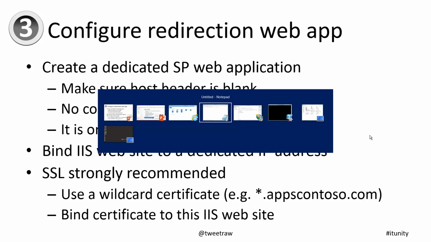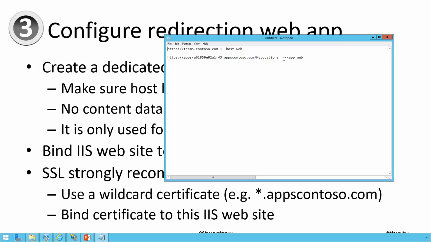Let me flip back to my URLs for a moment. This particular URL really doesn't look like a SharePoint URL, at least the first portion of it. How does SharePoint get to process that particular entity? That's really what we're talking about. So I need to make sure that URL can be run through the SharePoint pipeline.